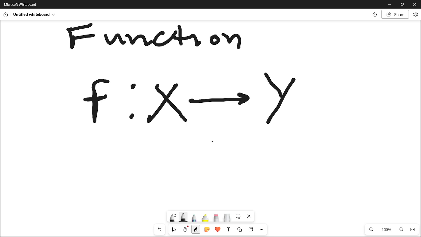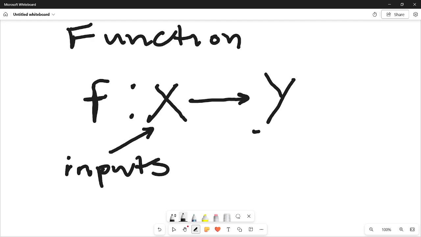It means we have a set that contains inputs and another set that contains outputs.